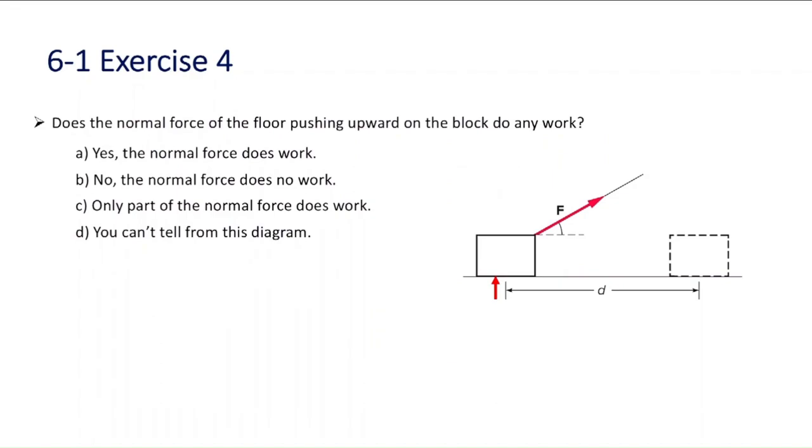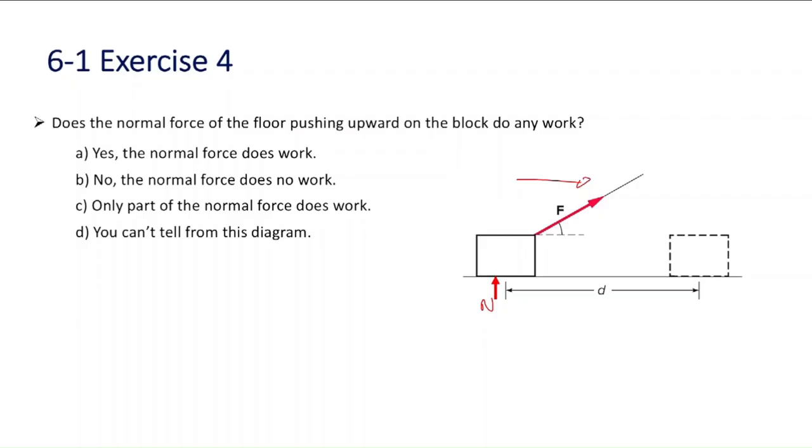Now let's think about the normal force, the floor pushing upward on the block. So does this force do any work on the block as it moves horizontally? Remember, the box is moving in the horizontal direction, and the normal force is in the upward direction, which is the vertical direction. So does it do work?